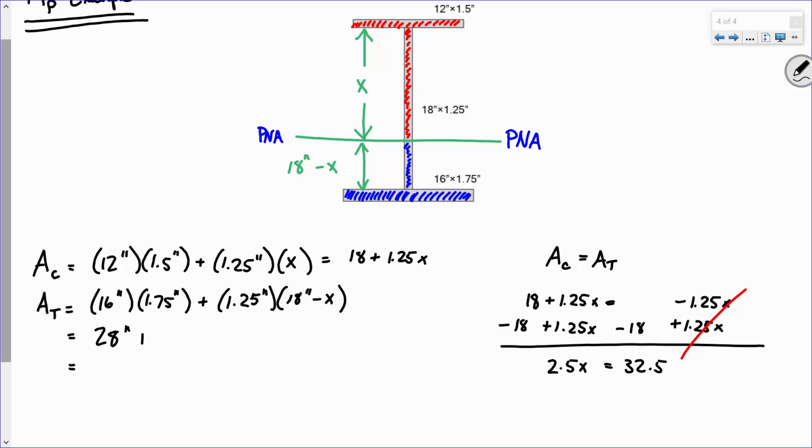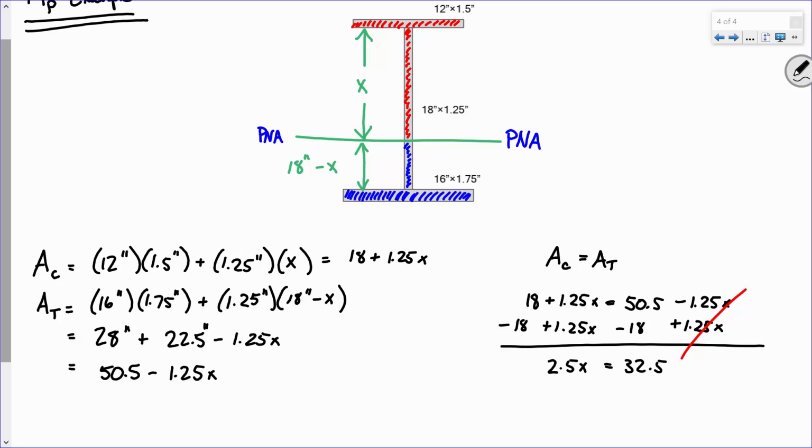Plus what is 1.25 times 18? 22.5 minus 1.25x. So that is 50.5 minus. Oh, I know what it is. I think I do. All right, so this is 50.5.